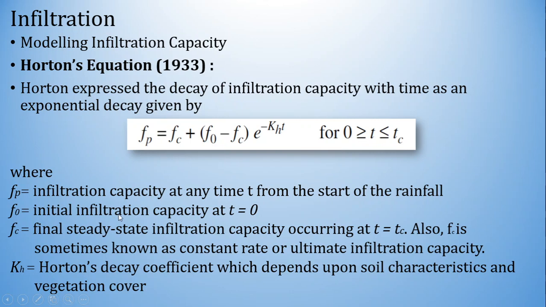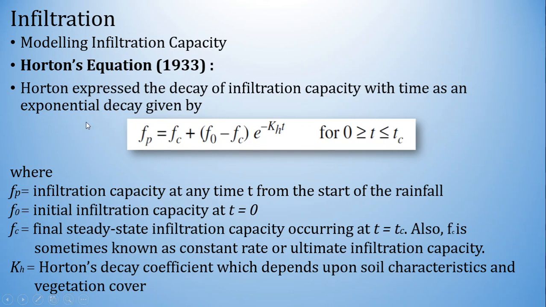f_0 is the initial infiltration capacity at time t equal to 0. f_c is the final steady state infiltration capacity occurring at t equal to t_c. Also, f_c is sometimes known as the constant rate or ultimate infiltration capacity. It is a steady infiltration capacity beyond which it will attain a constant value. k_h is Horton's decay coefficient, which depends upon soil characteristics and the vegetation cover.